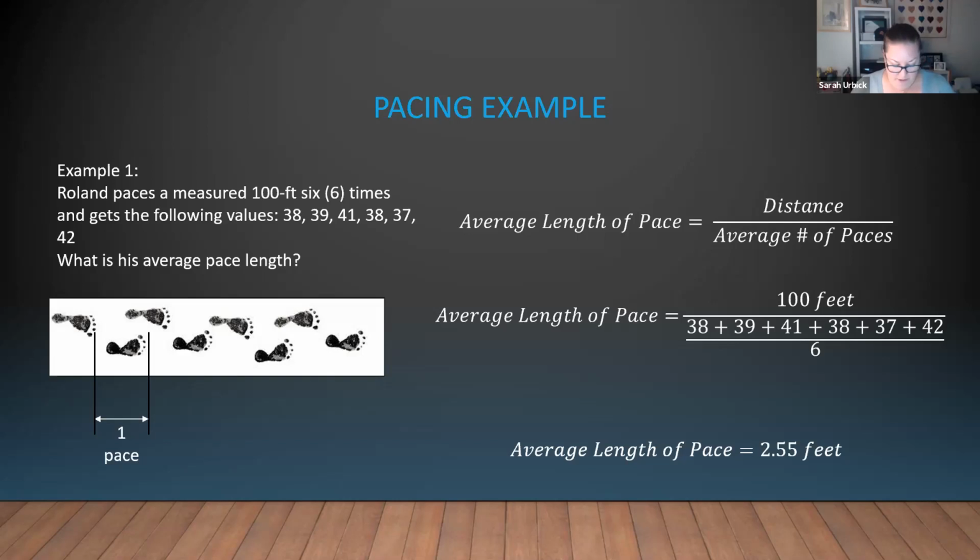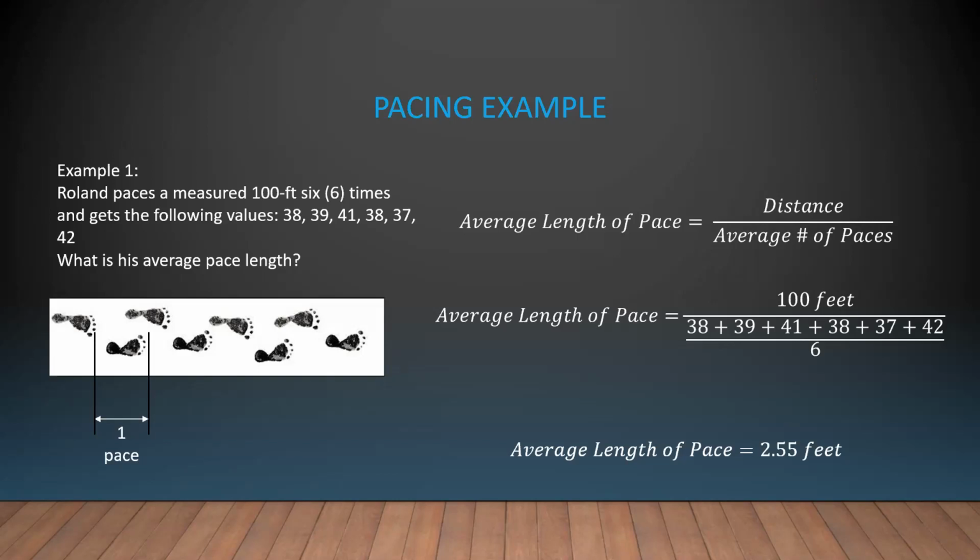So what I would want to do is take 100. Where's my switch my X and Y? There we go. And then divide that. What did you guys get? Yeah, so I got around 2.55 feet.